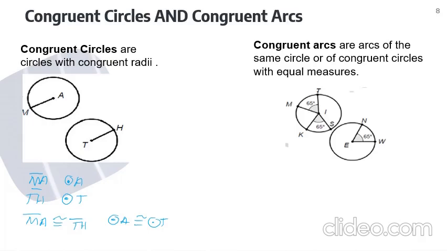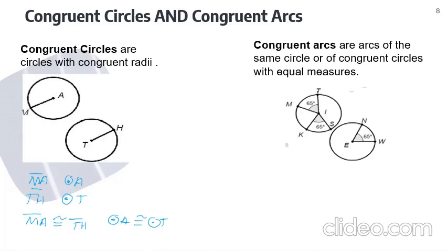So, yung lahat ng piso, if you're going to get the radius of them, they are all equal. So, congruent circles are circles with congruent radii. Pag pareho sila ng measure ng radius, automatically we can conclude that they are congruent circles.